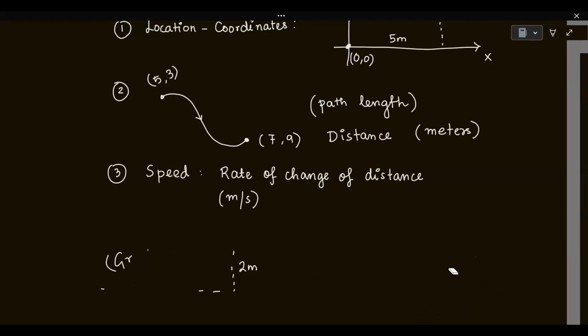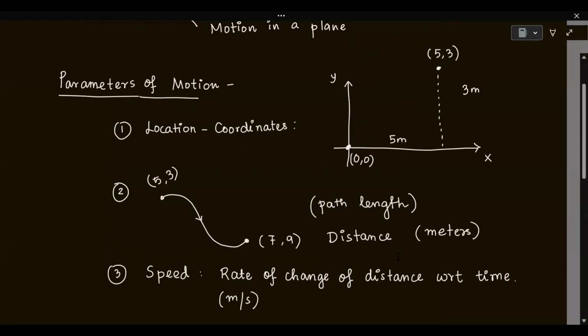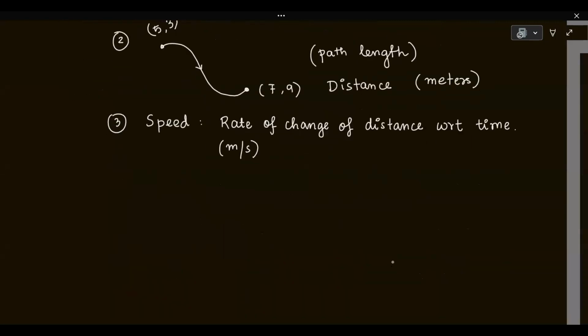So it is okay to say rate of change of distance is speed, but actually I should write it like this: rate of change of distance with respect to time. Does this make sense? Yes, sir. Okay, so this is what speed is, the rate of change of distance with respect to time.